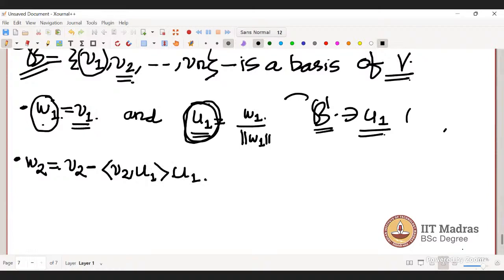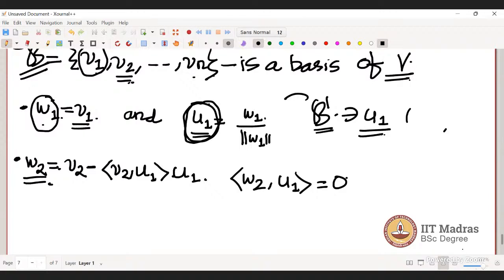Till now we know U1, V1, V2 and Vn, so using that I am constructing W2. You can check that the inner product of W2 with respect to U1 is 0, right? If I take the inner product of W2 with respect to U1, then I will get 0. Is it clear how the inner product of W2 and U1 is 0?